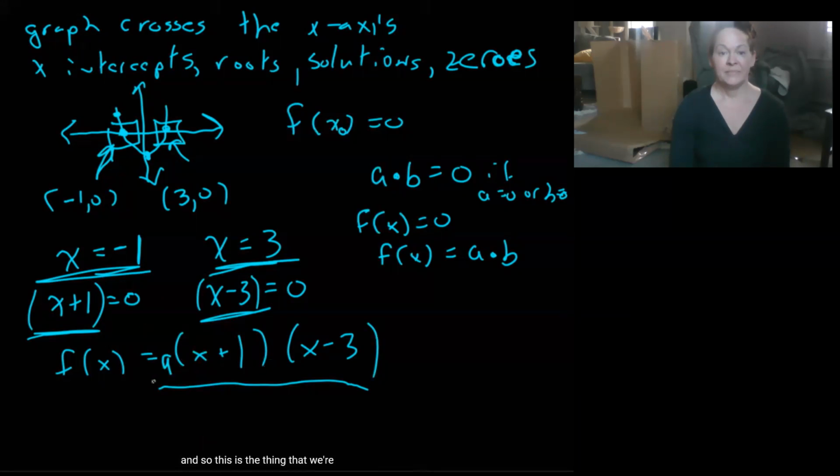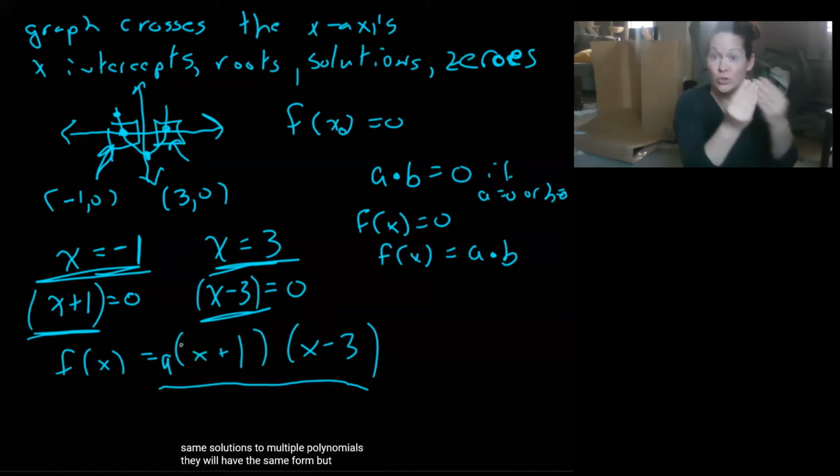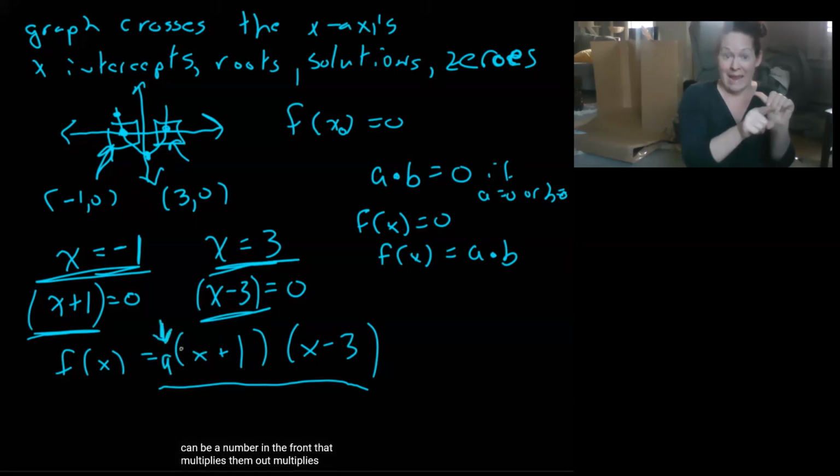And so this is the thing that we're going to have to watch for: we can have the same solutions to multiple polynomials. They will have the same form, but there can be a number in the front that multiplies them through.